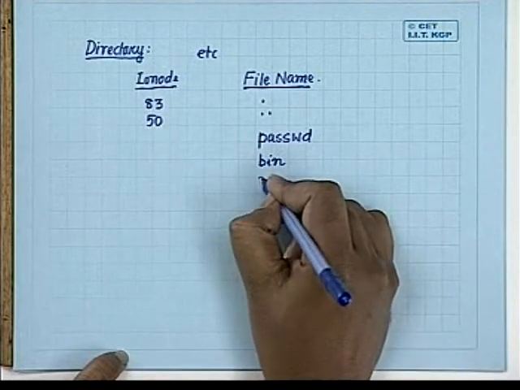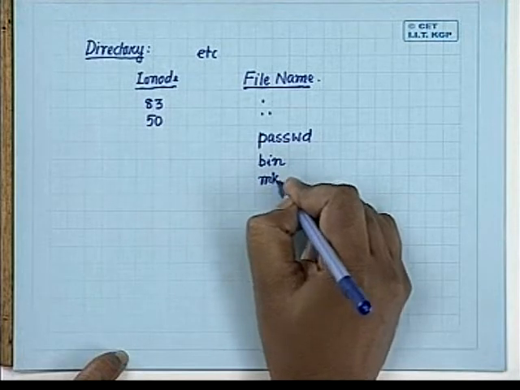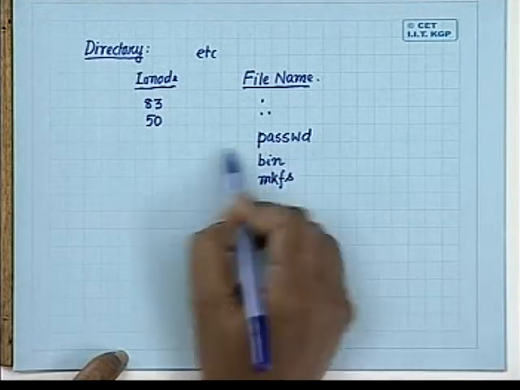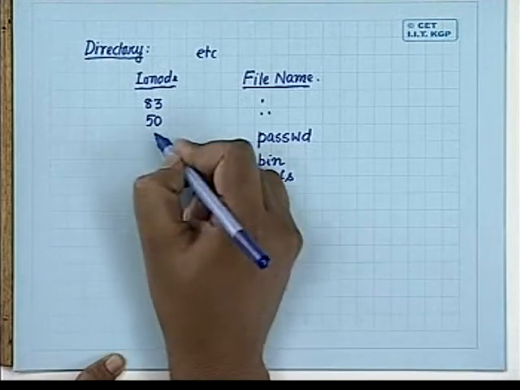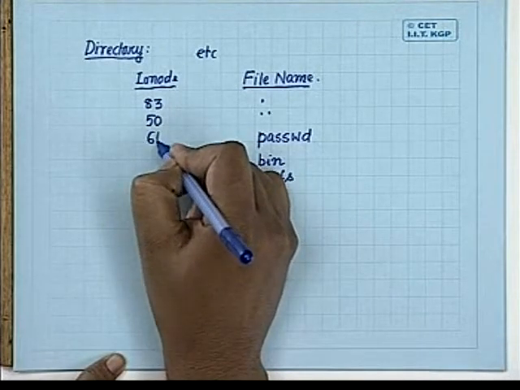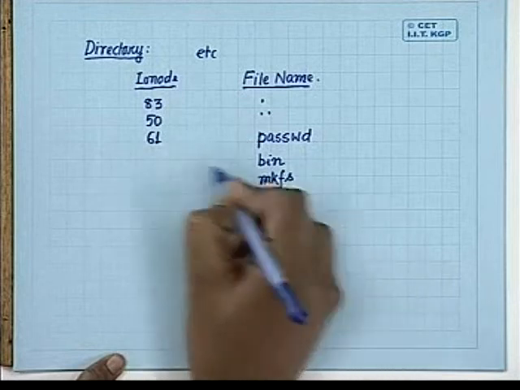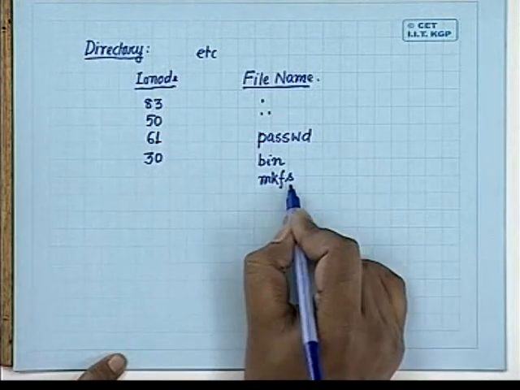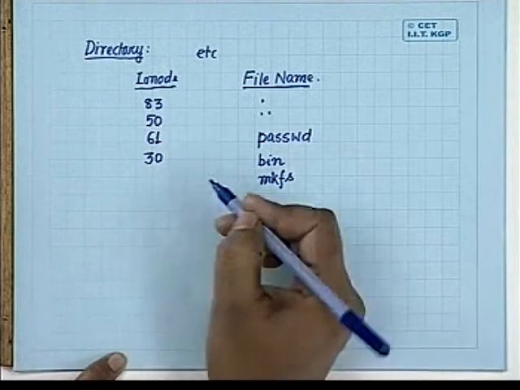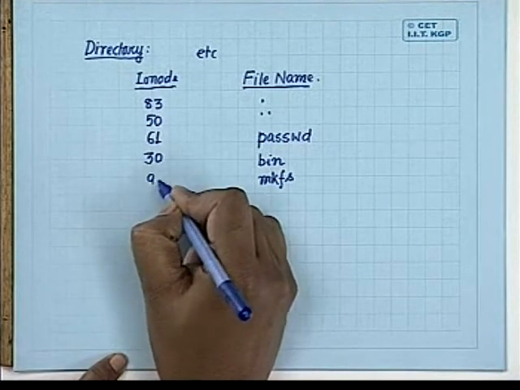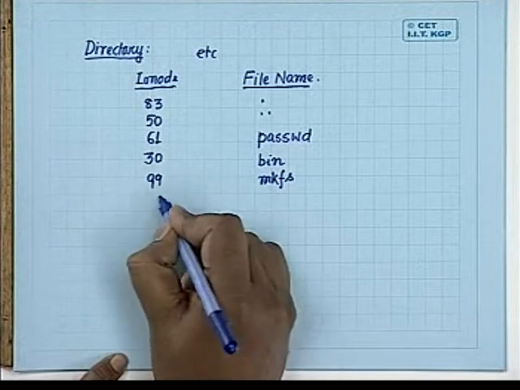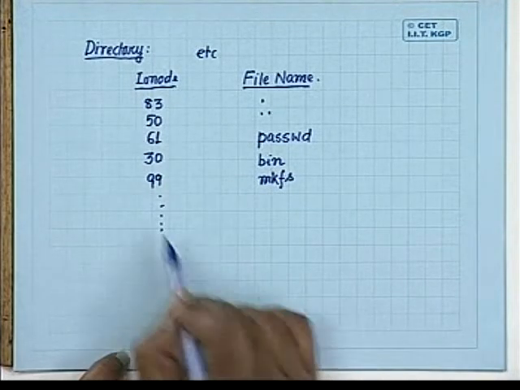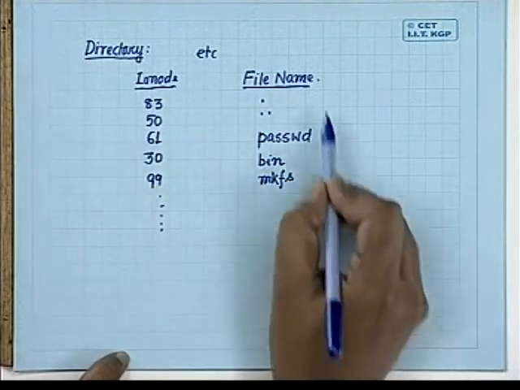There can be a file called, say, make file system, things like this. For each of them, there will be a corresponding inode. Suppose password will have an inode number, say 61, bin can have an inode number, say 30, anything as it is allocated. Make file system can have an inode number, say 99, and so on. So the content of a directory is just like this.